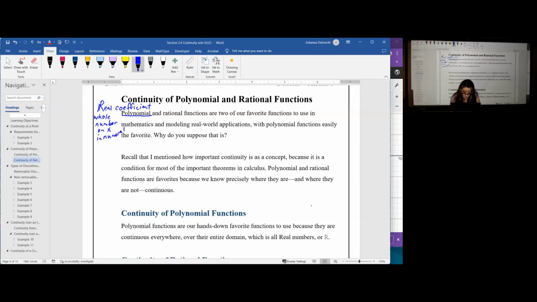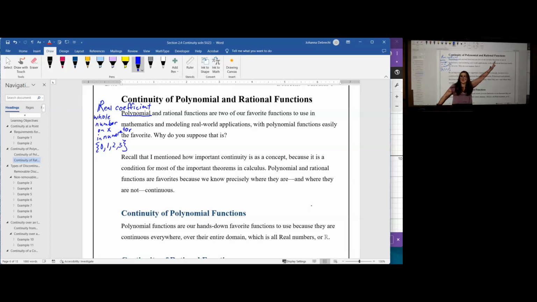Now, what's a whole number? If you don't know what a whole number is, you don't know what a polynomial is. Whole numbers would include 0, so we can get constants, 1, 2, 3, and so on. It's 0 plus the positive integers. That's what a polynomial is.